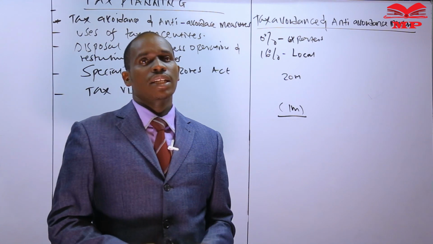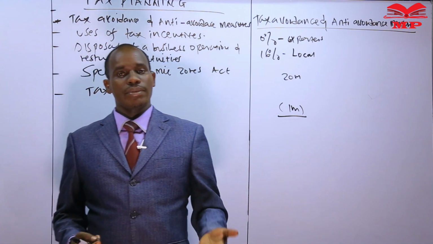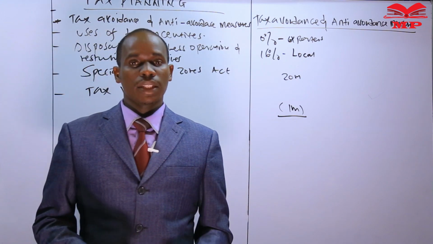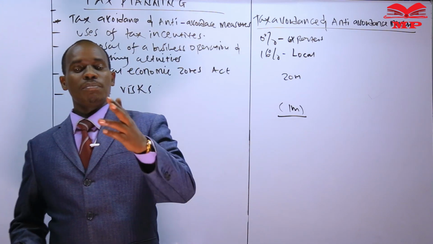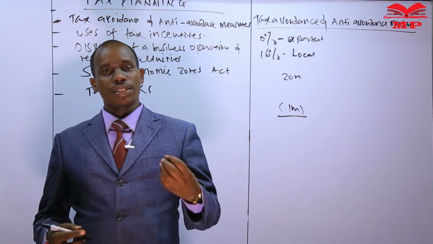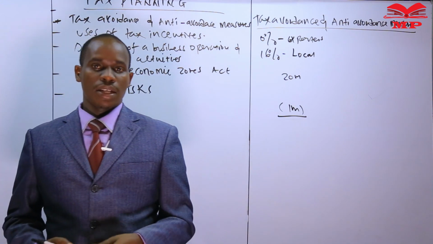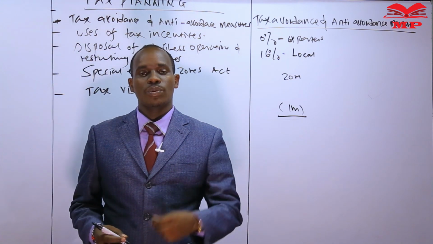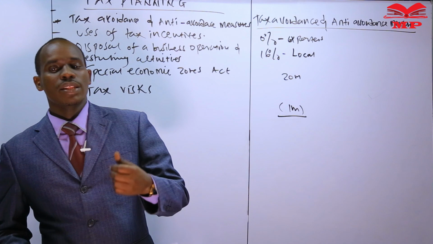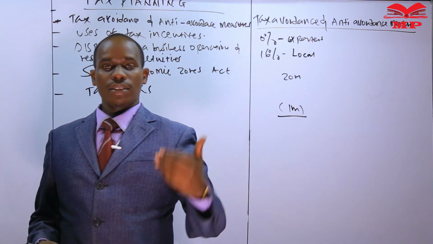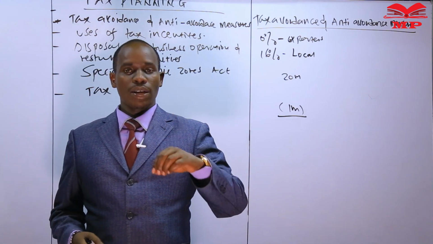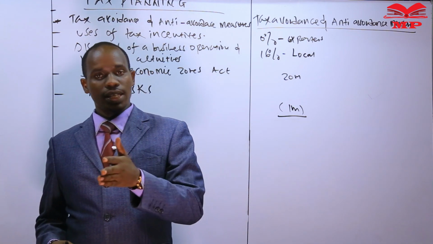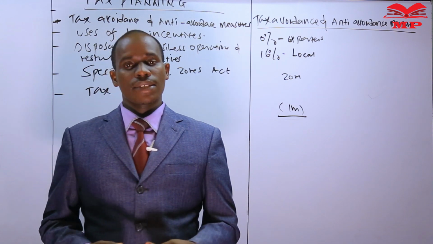Another example is where we have a child who is employed in a company, maybe owned by the parents, but the child is getting a very, very high salary. As you know, it is not possible for the commissioner to enter into a contract with a minor for paying tax. So if this child is getting a very high income but is not paying tax, the commissioner will reject such a transaction.